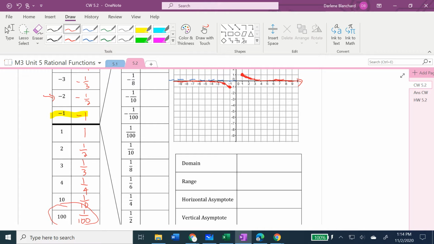But I'm never going to be able to reach 0, no matter how big the positive number is. So that horizontal asymptote that started on the left end also works on the right end. But on the left end, the graph is coming from underneath the asymptote up. And on the right, it is coming from above the asymptote down.